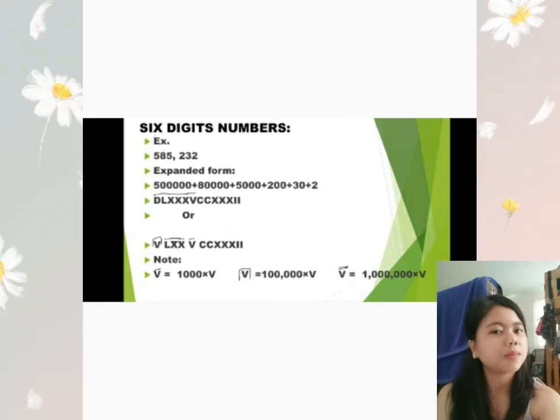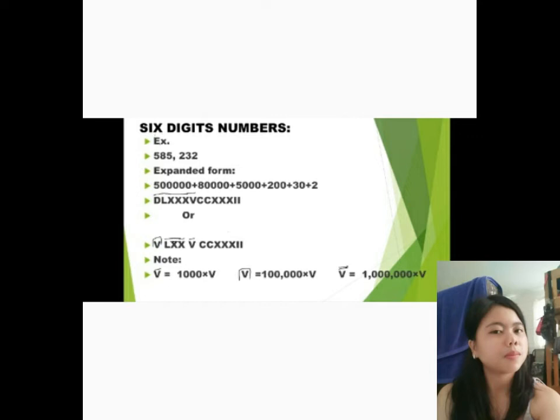We also have heard of the 6-digit numbers. For example, 585,232. When we expand it, it will be 500,000 plus 80,000 plus 5,000 plus 200 plus 30 plus 2.